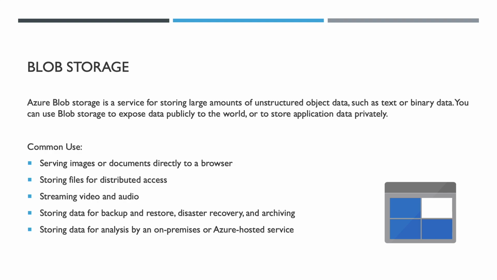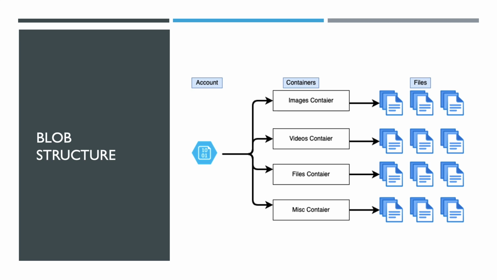So what is the structure of blob storage? The structure of blob storage is quite simple. Basically, we first have our account, which is gonna be the resource that we create. And the way we organize blob storage is through something called containers. Containers, we can think of them as unique folders. On the computer, we can find them as C, D, E drives. So containers, we can think of them like drives, and inside those drives, we can have files.